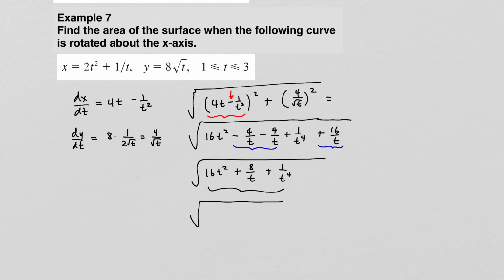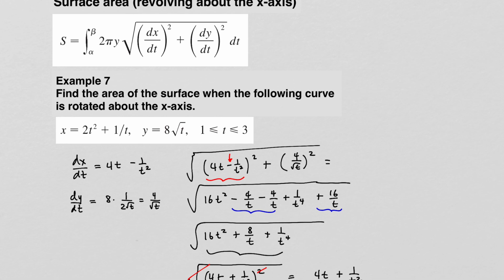So this becomes the square root of (4t plus 1 over t squared) quantity squared. And this simplifies to 4t plus 1 over t squared because the radical and the square here cancel out. So that is this part of the integration.